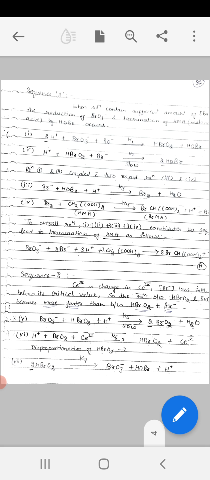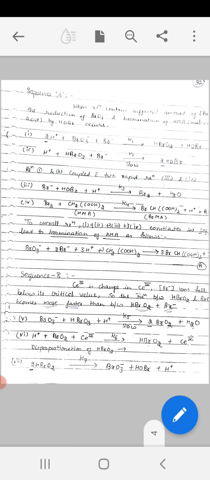The second reaction is H+ ion combined with HBrO2 formed in the first step and bromide ions with rate constant K2. That is slow, so it is the rate determining step, and forms 2 HOBr.